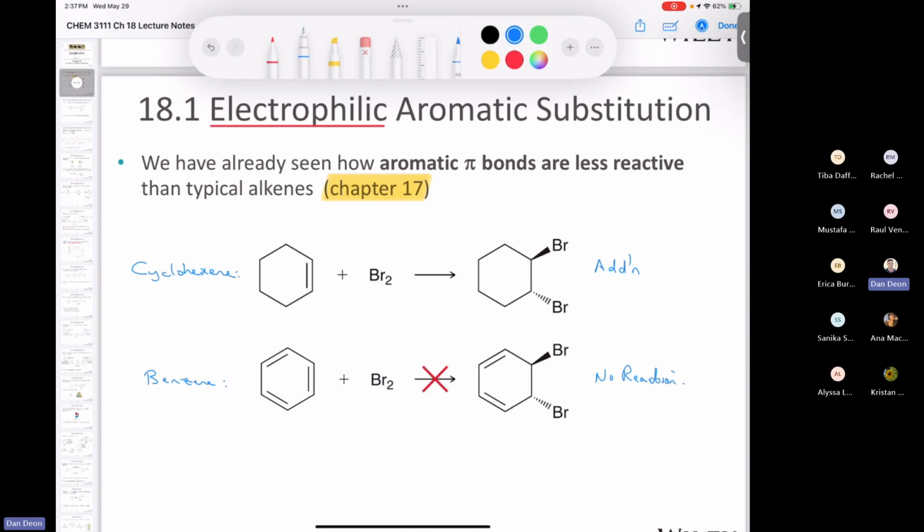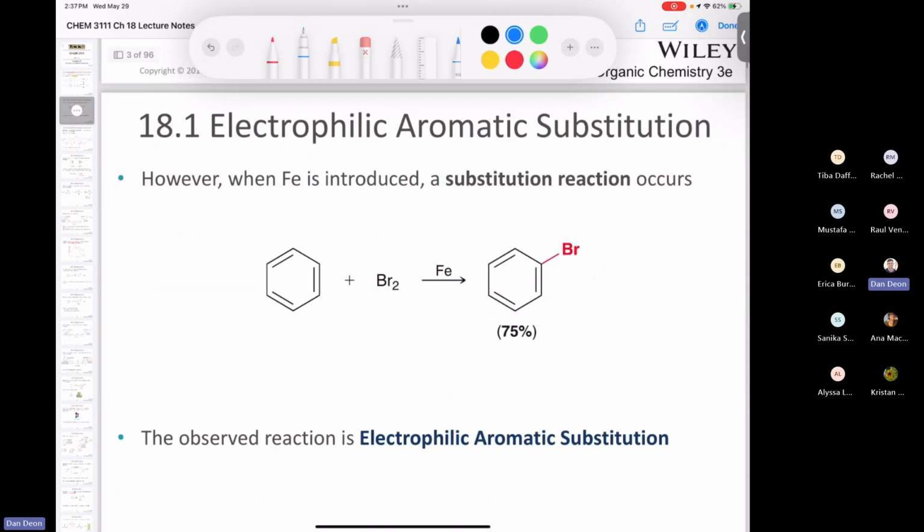It has a closed shell electron configuration, which renders it stable. However, if you combine benzene and bromine, and then you throw in some iron, just a little bit of iron metal, then you get what's called a substitution reaction.